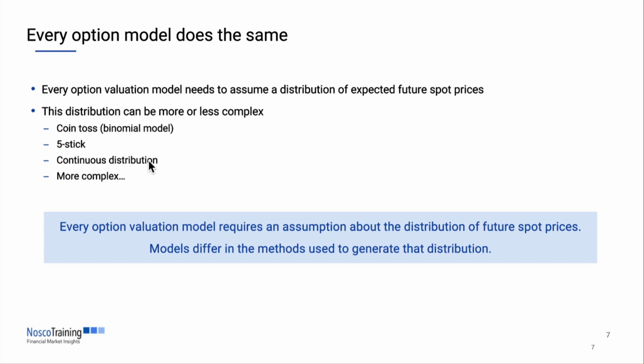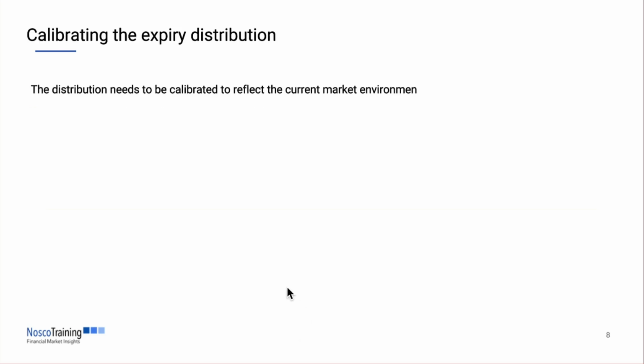That assumes, I show that later in an example, that the spot prices are continuous, right? I only said 5 different values, and Black-Scholes assumes more or less that prices or returns are normally distributed. Good. But just to understand what the model is doing, a 5-stick model is actually good enough.